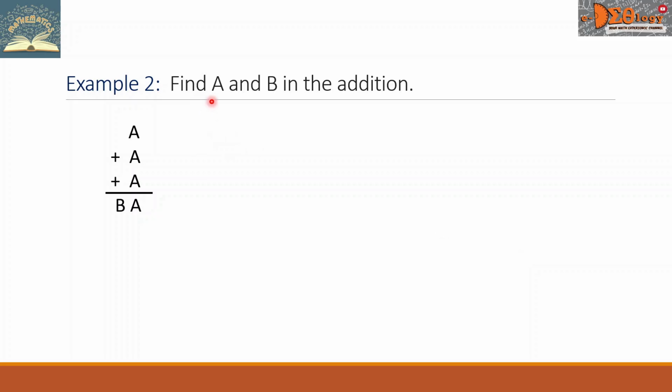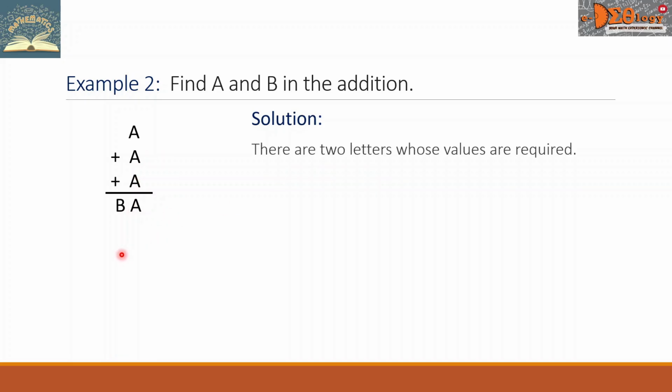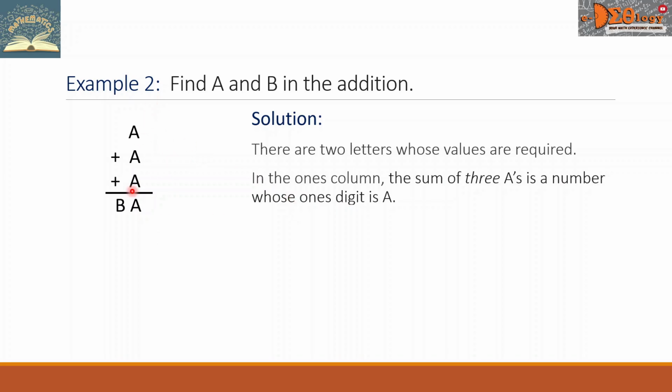Example 2. Find A and B in the addition. A plus A plus A equals BA. There are two letters whose values are required, the A and B. In the ones column, the sum of 3 A's is a number whose ones digit is A. This happens only for A equals 0 and A equals 5. For the two cases, let's see case 1, when A equals 0.